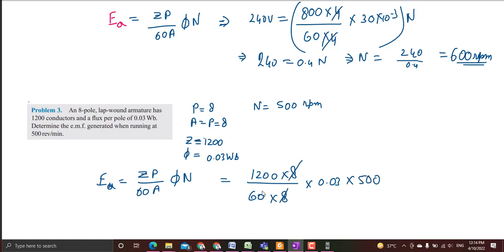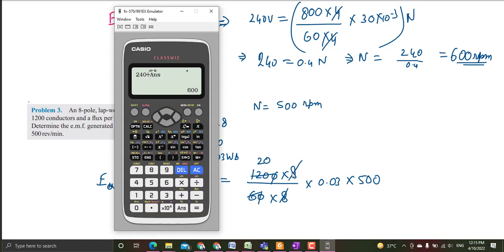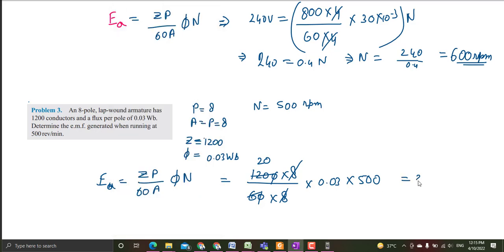So the 8s cancel out, the 0s cancel out, 6 2s are 12, 20. So we have 500 into 20 into 0.03, which is equal to 300. So we got 300 volt here. This is our answer.